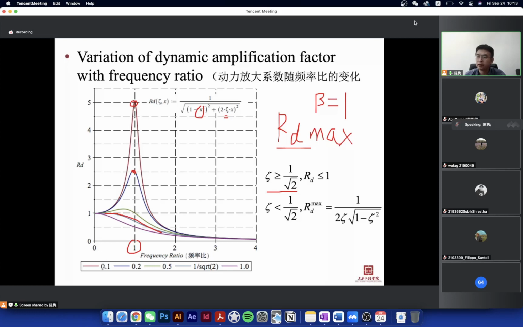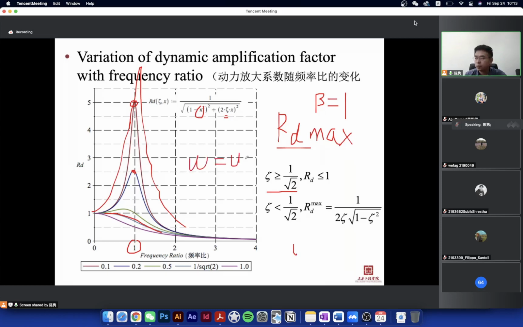And this is a very high damping ratio for a civil structure. If you have another damping ratio smaller than 10%, the two points will be even closer, but they're not the same. Let me repeat this. We have omega equals omega n.